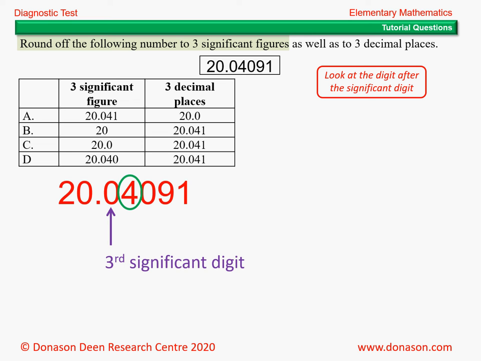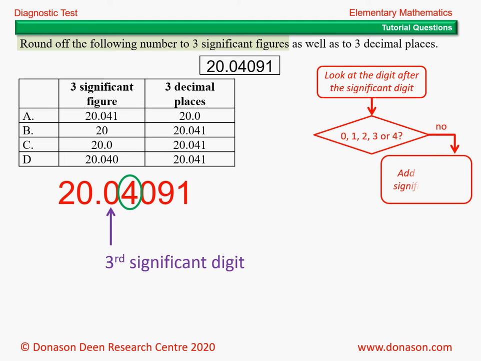Of course the number you should be looking at is 4, right? And after that you have to check whether it is 0, 1, 2, 3 or 4, or you can simply consider whether it is less than 5 or 5 and more. In this case it is 4. If it is a no, then you have to add 1 to the significant digit, but that's not the case now.